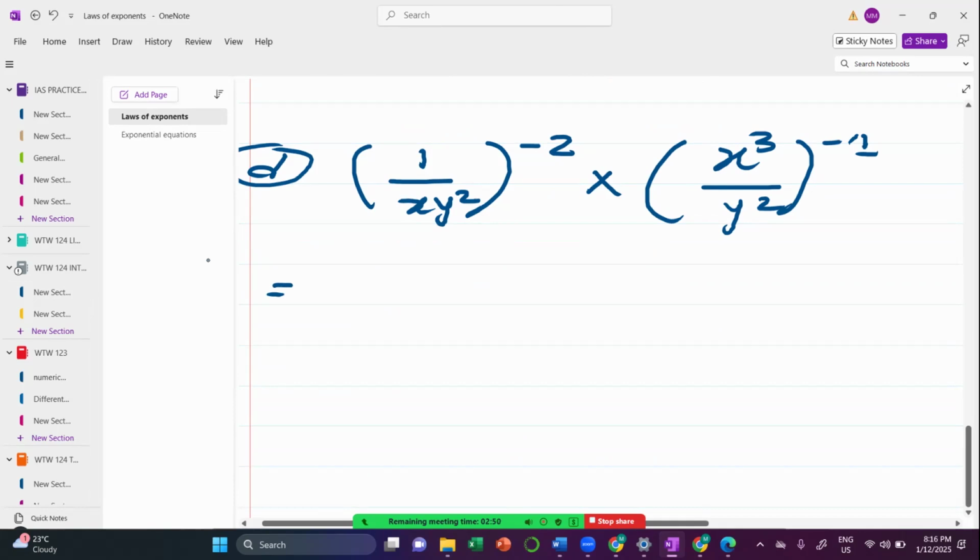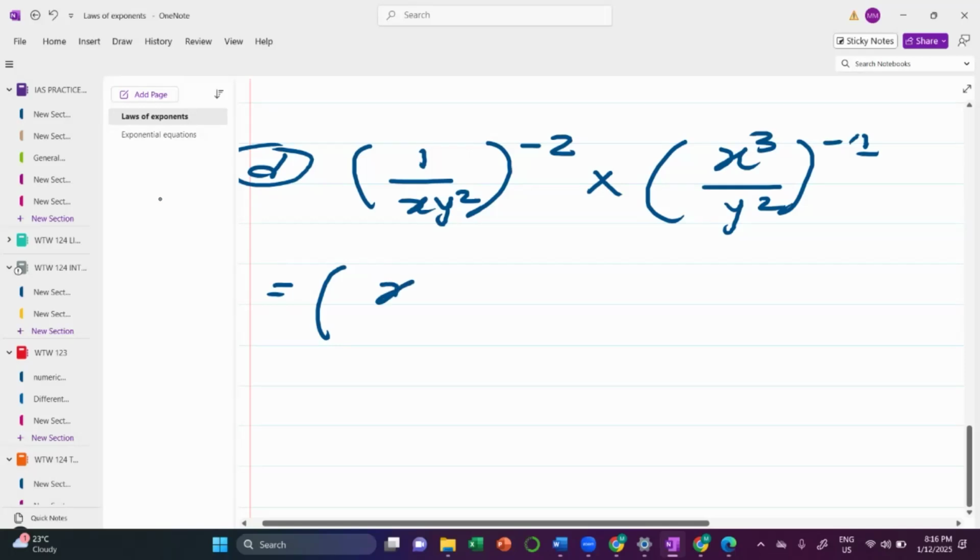So for the first term, what am I going to have? I'm just going to simply have what was on the denominator. I'm going to take it to the top. So I'm going to take xy squared to the top. And this one, I'm going to take it to the bottom. I'm going to have 1 here. And then this exponent now tends to become what?